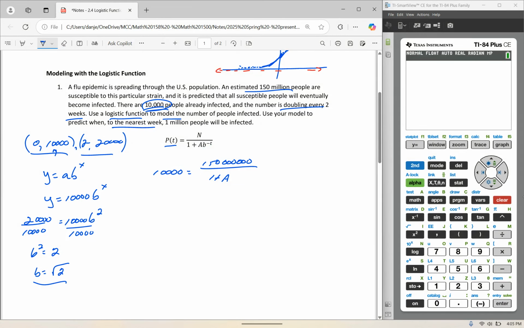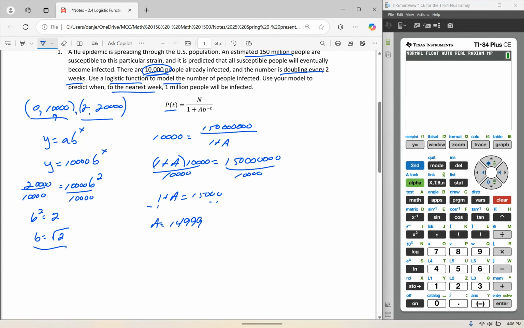So I multiply both sides by the 1 plus a. Then I'm going to divide both sides by the 10,000. So 1 plus a should equal 15,000. When I subtract 1 from both sides, a equals 14,999.